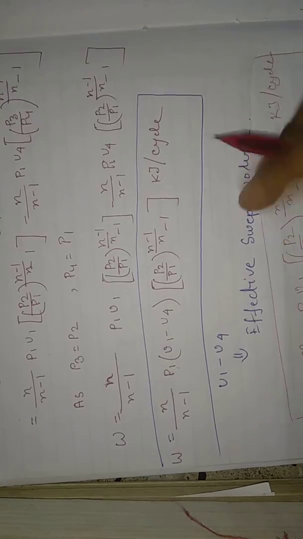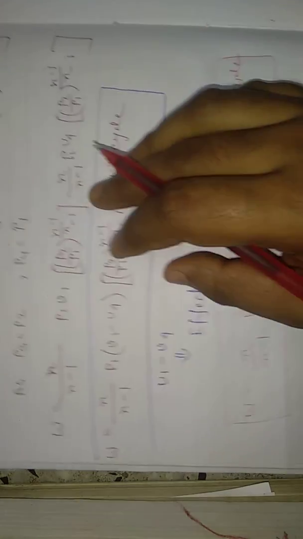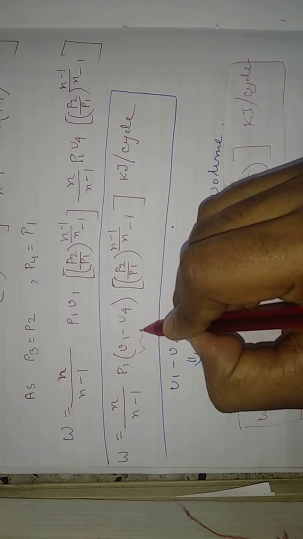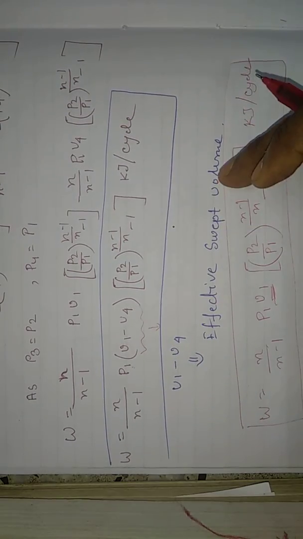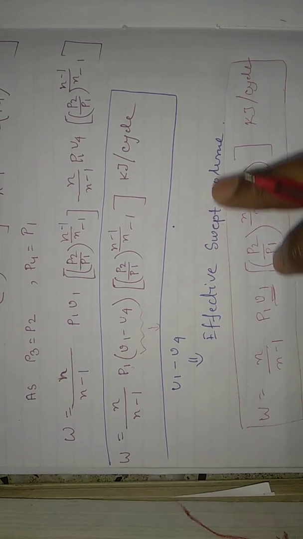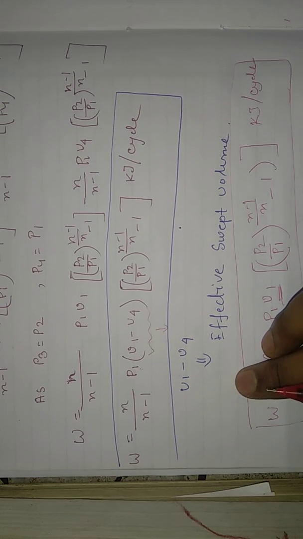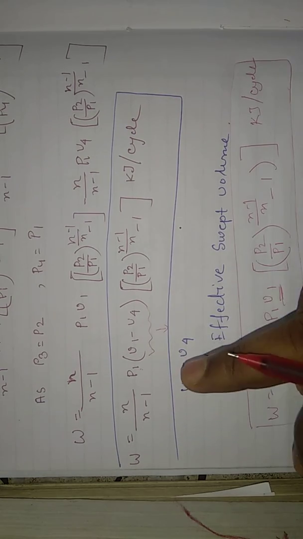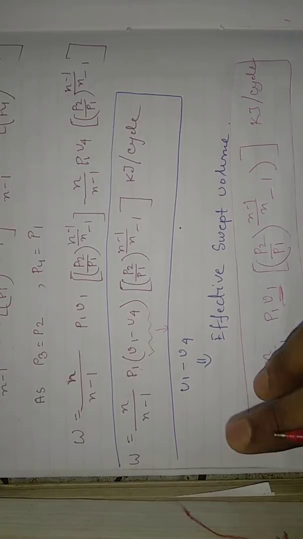Now when you consider that there is some clearance, that is the difference. Here it is V1, and in terms of V1, here it is V1 minus V4. That means this is your effective swept volume. So this is the work done required when the clearance is given in the piston cylinder assembly.